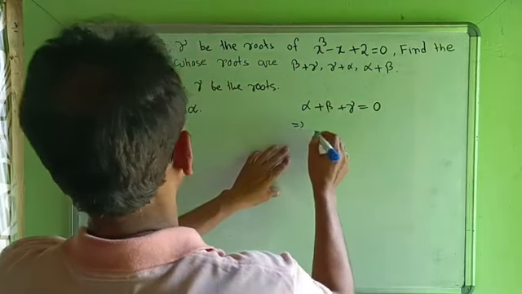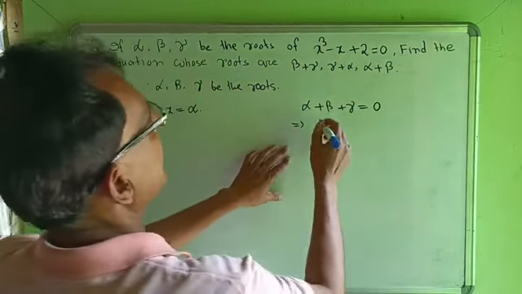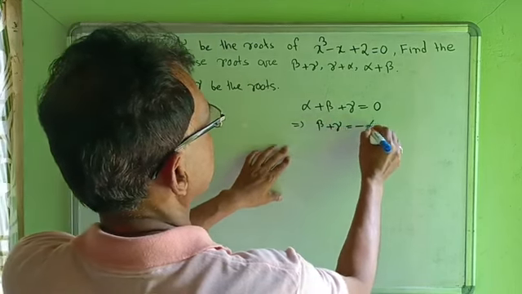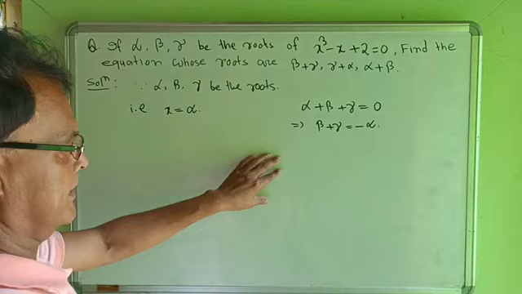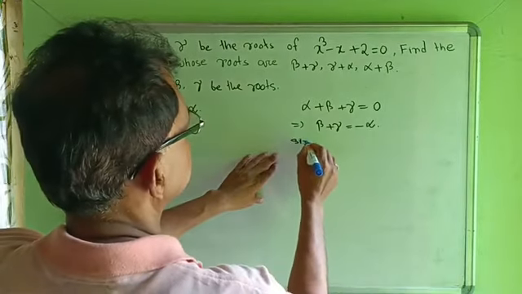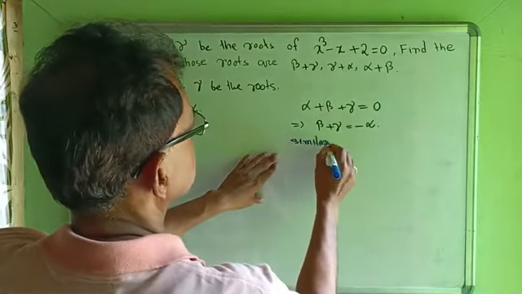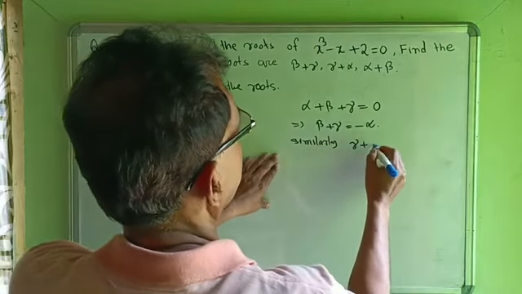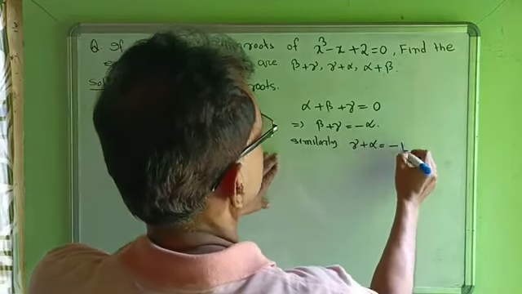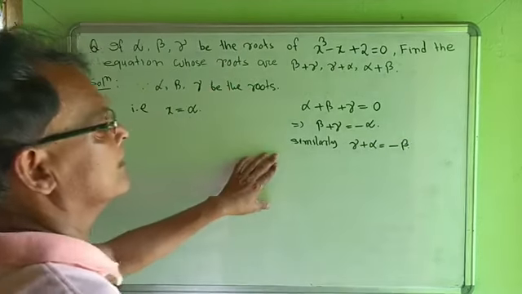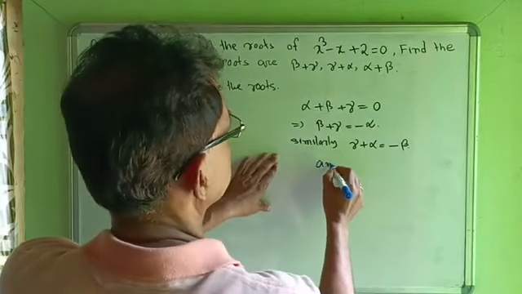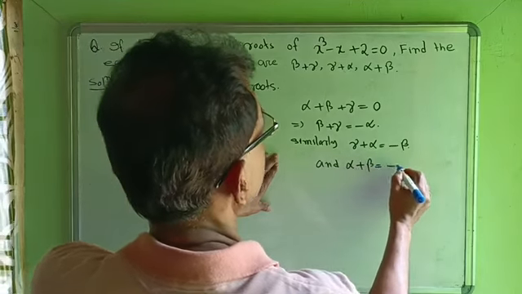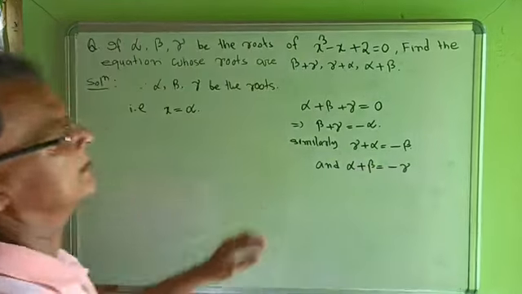So we get beta plus gamma is equal to minus alpha. Similarly, gamma plus alpha is equal to minus beta, and alpha plus beta is equal to minus gamma.